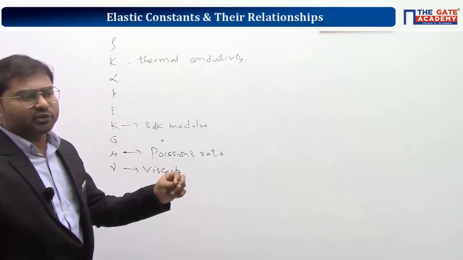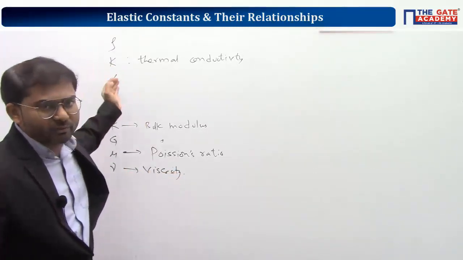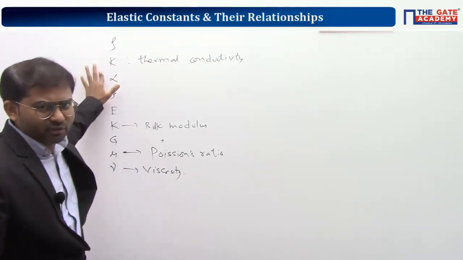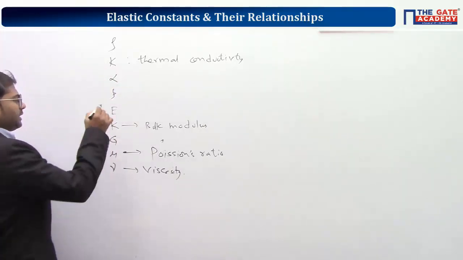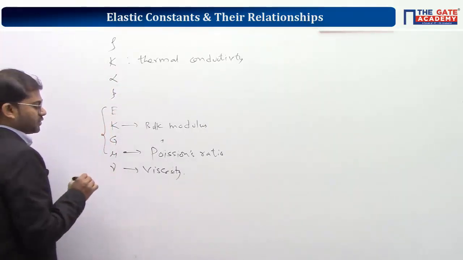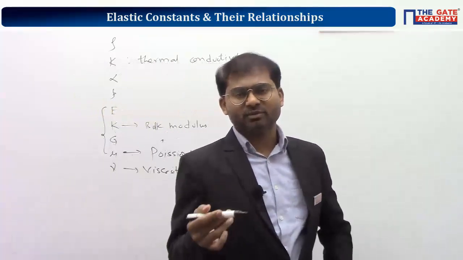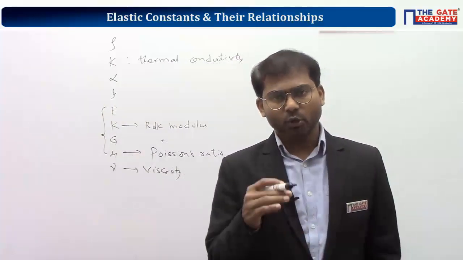If you take aluminium and copper, the density of copper will be different from the density of aluminium. Thermal conductivity of copper will be different from that of aluminium, and so on. In this part of the chapter, we are concerned only with these four constants, because in strength of materials we are concerned with elastic deformations, and with stresses and strains up to the proportionality limit only.